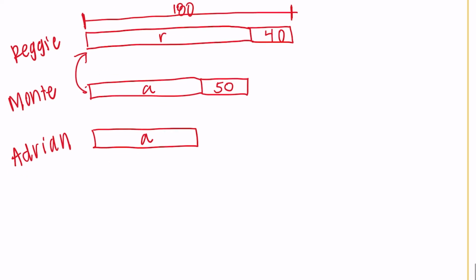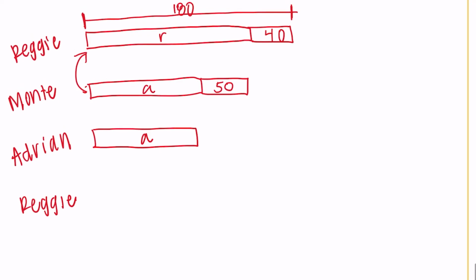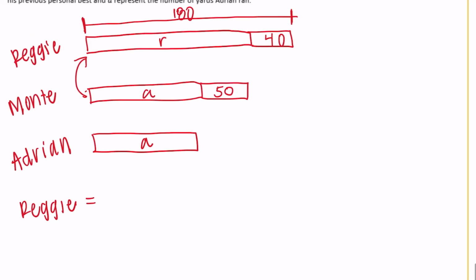Let's start with Reggie. We already know what Reggie is. He ran 180. That was his new personal best, but we're going to use that to figure out what goes down here. So we have R plus 40 is equal to 180.